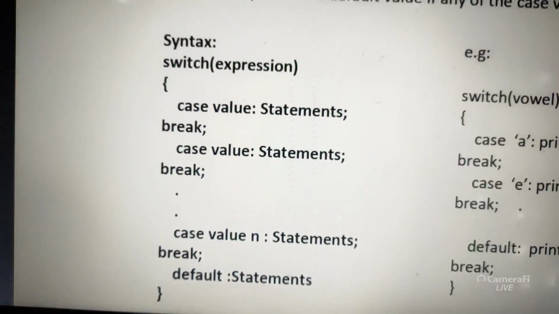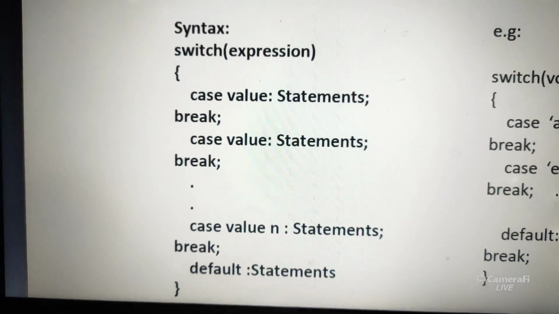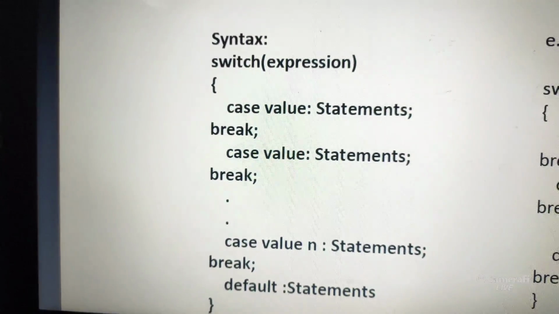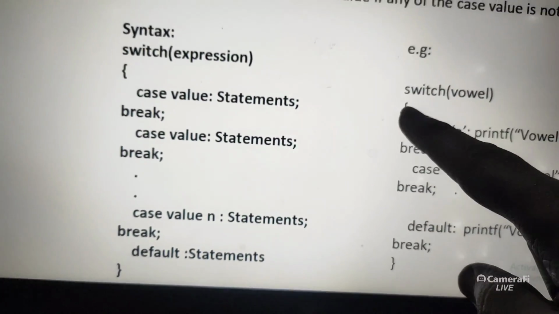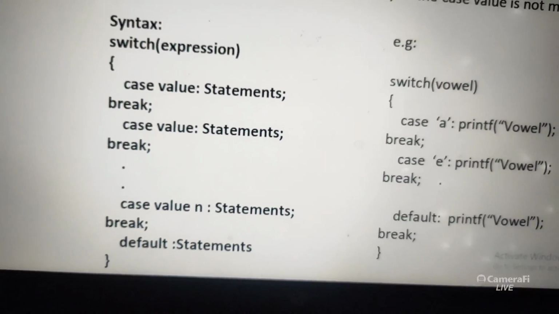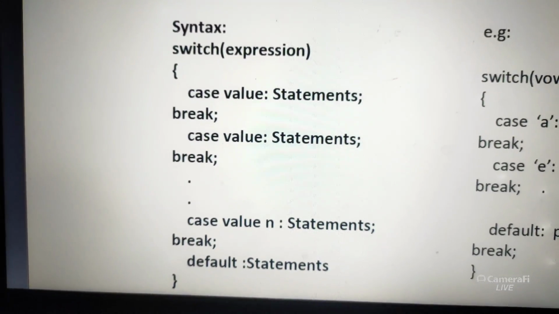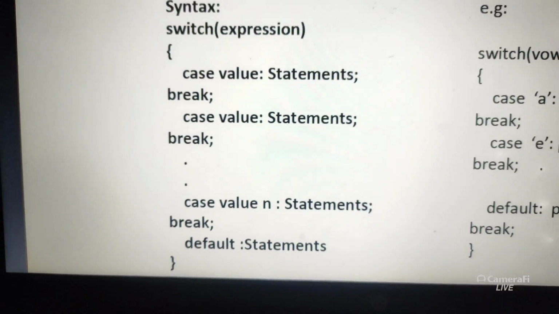And switch allows us to write, when we go to a shop, all the items will be there. You should show all the items here. Case should list all the possibilities in the switch, and only one value will be chosen at runtime. Break will skip the execution. Case value, you should write everything: case value red pen, case value blue pen, case value green pen.